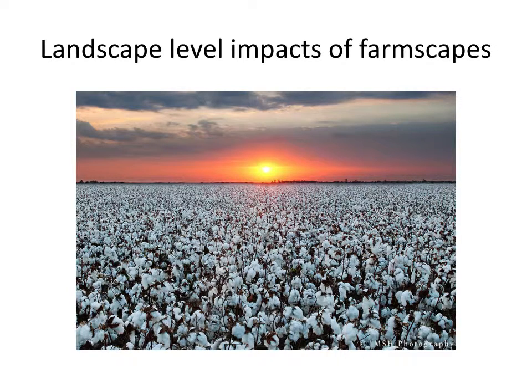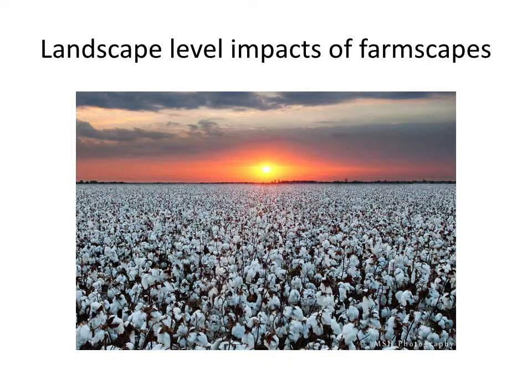Now let's take a look at the landscape level impacts of farmscapes. This picture is a picture of a sunset over a cotton field. Now, I'm from Arkansas, so I have to include some examples from Arkansas. This is essentially what a typical cotton field looks like in September or October, depending on the weather of the year.